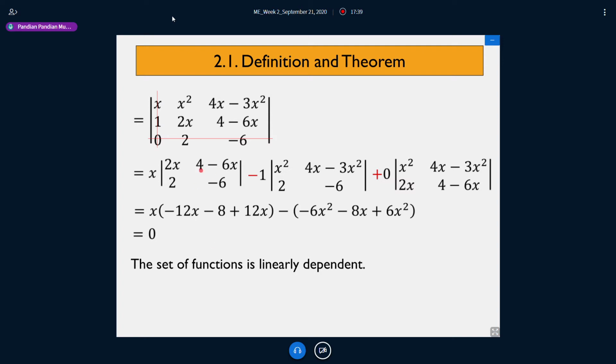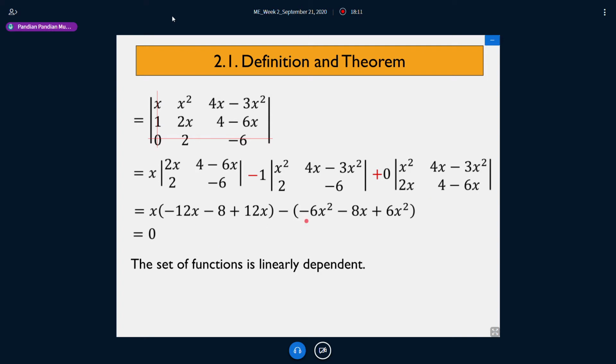Now, you find the determinant of this 2 by 2 matrix. So 2x multiplied by minus 6 is minus 12x, minus 4 minus 6x multiplied by 2 is minus 8, minus minus plus 12x. And this one, minus 6x squared, minus 8x, minus minus positive 6x squared. This one is 0, so 0 all is 0.